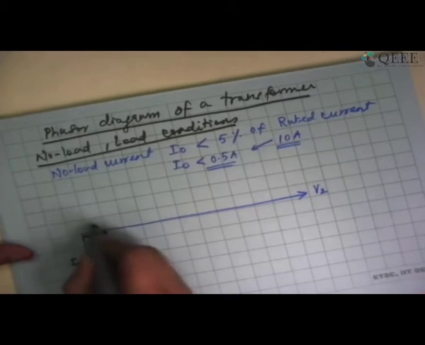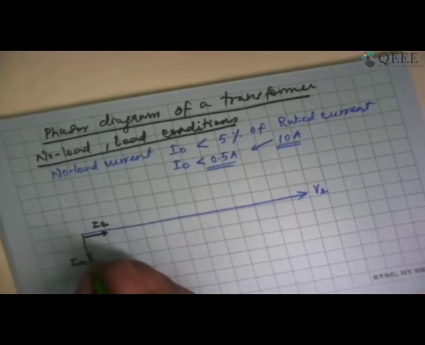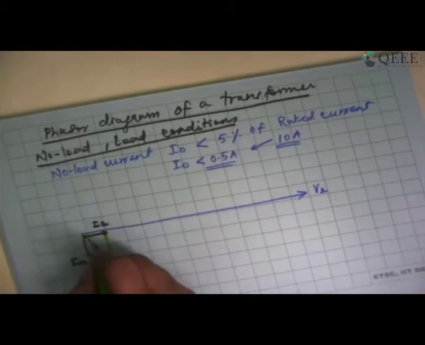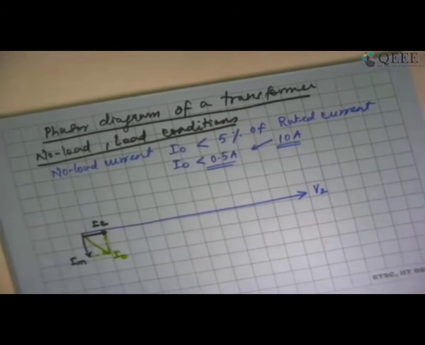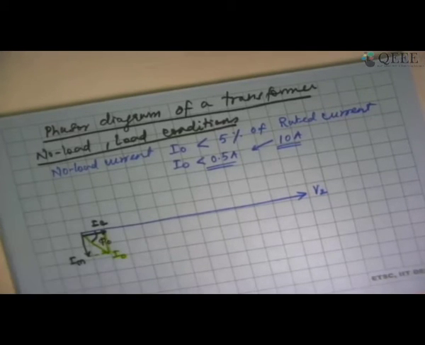This is going to be my IC, which is the core loss component of current. When I add these two, I am going to get the total no load current I0. So I0 will have a power factor which is determined by how much is IC and how much is IM. This is going to be my phi naught or no load power factor. That's what I have drawn.